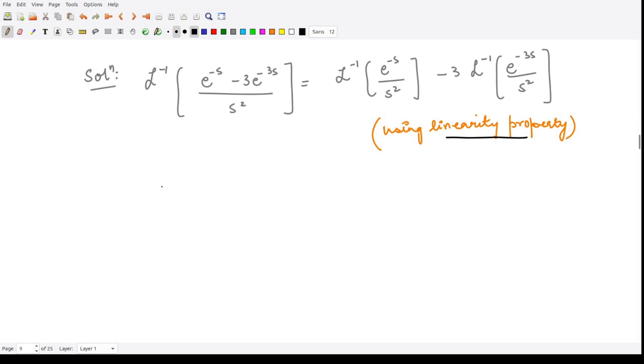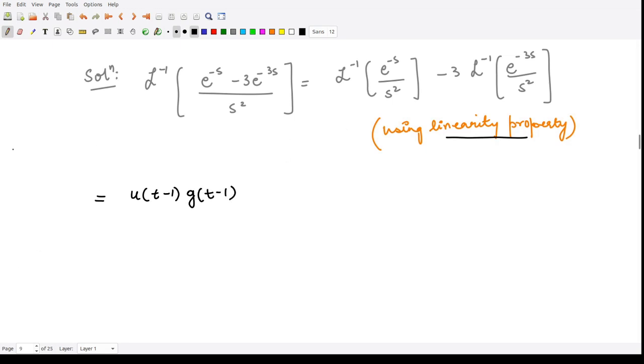So it is equal to, here we will apply the second shifting property. So it would be equal to u of t minus 1 into g of t minus 1.